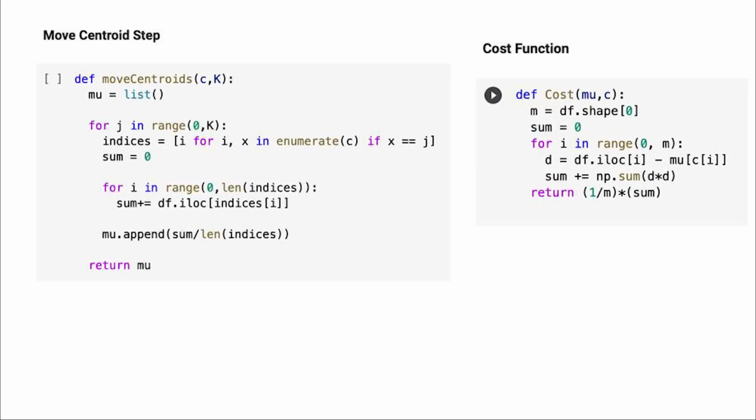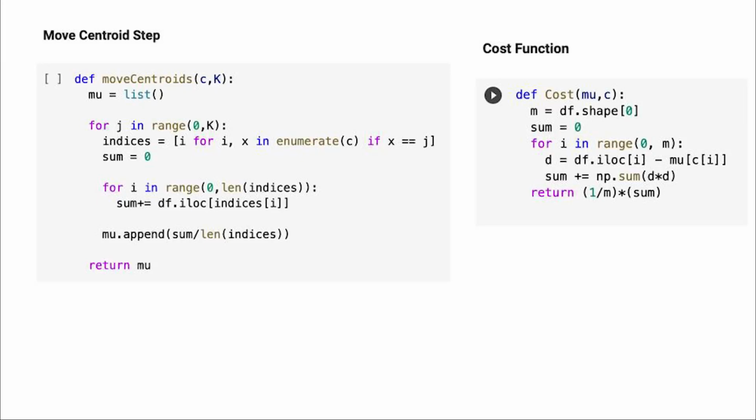What does it mean? This is a list comprehension, and basically what we are telling it here is that for every value x in C, if it is equal to j, then give me the index of that. So basically, if j is equal to 0, that is the first cluster centroid.